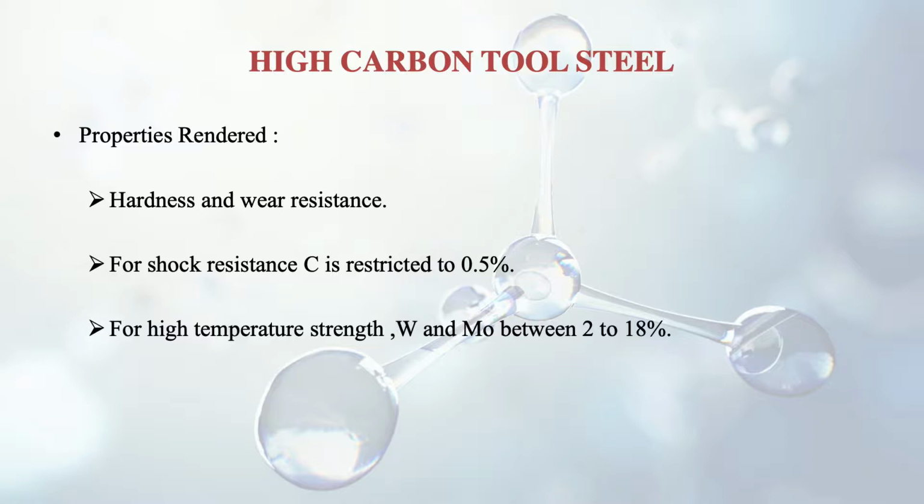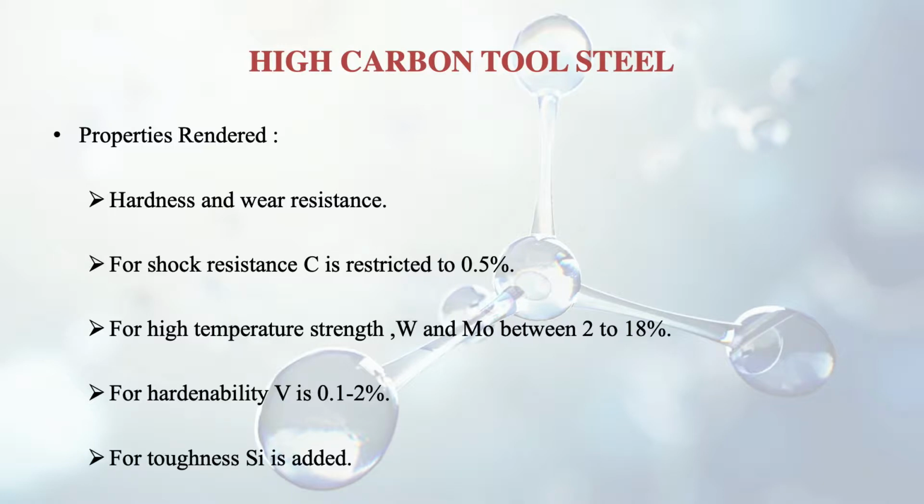And for high temperature strength, because when two surfaces rub against each other temperature will obviously increase, we need tungsten and molybdenum between 2 to 18%. For hardenability, vanadium should be about 0.1 to 2%. And further, we increase the toughness by adding silicon.